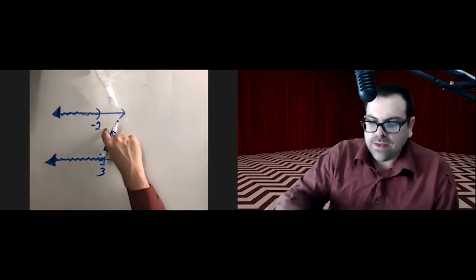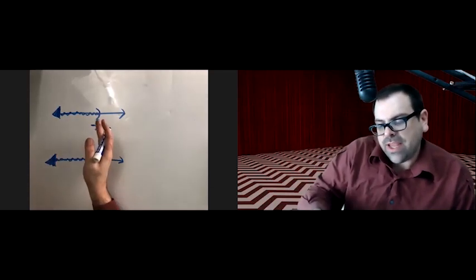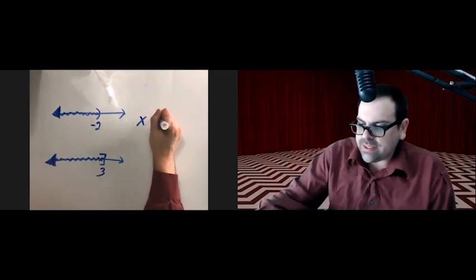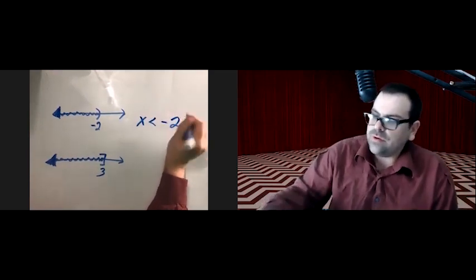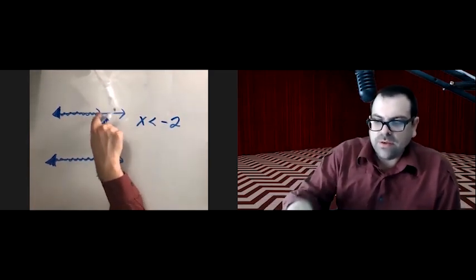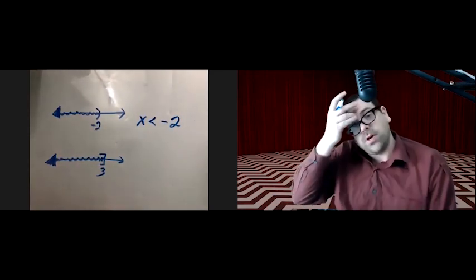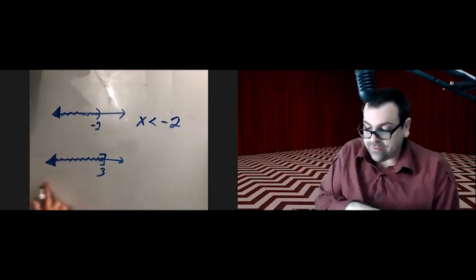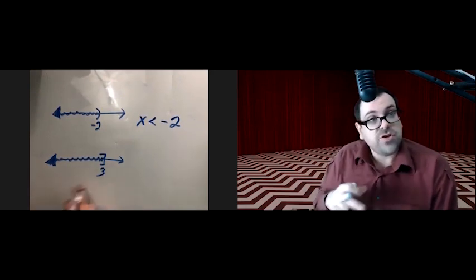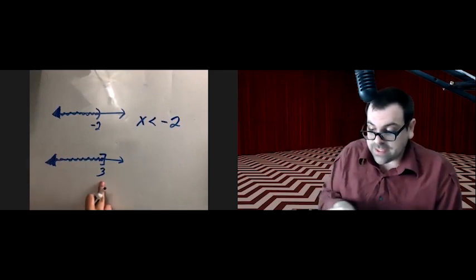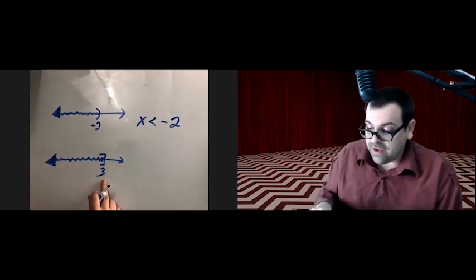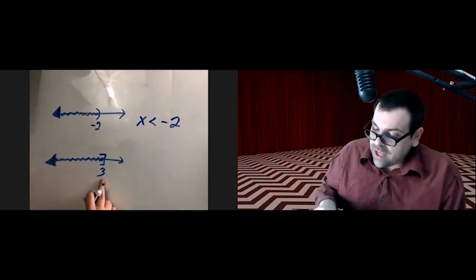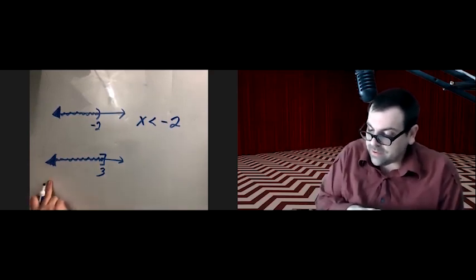So this, the shading is everything less than -2. X is less than -2. It's not equal to because it's a parenthesis and not a square bracket. Here, the shading is everything less than 3. X is everything less than 3.